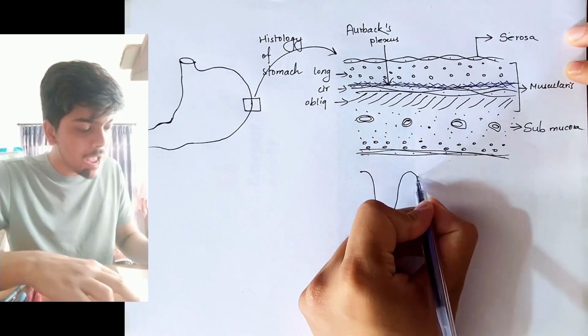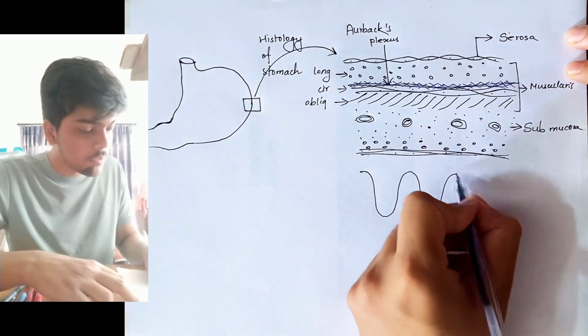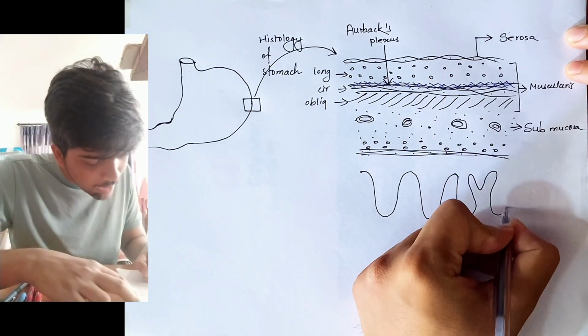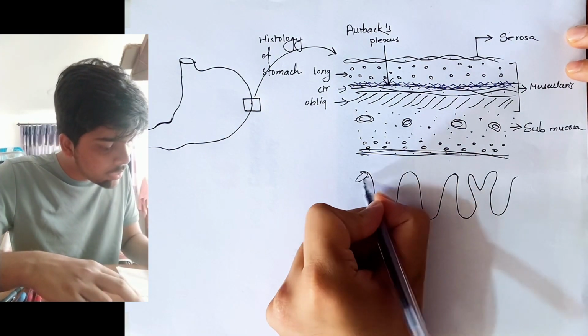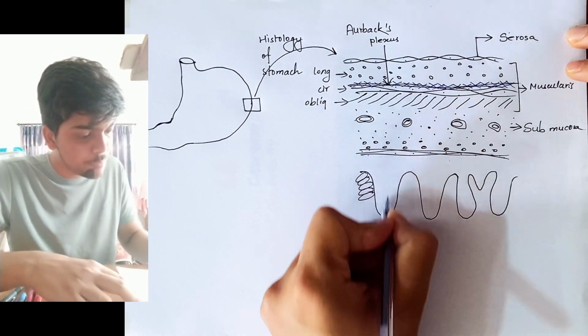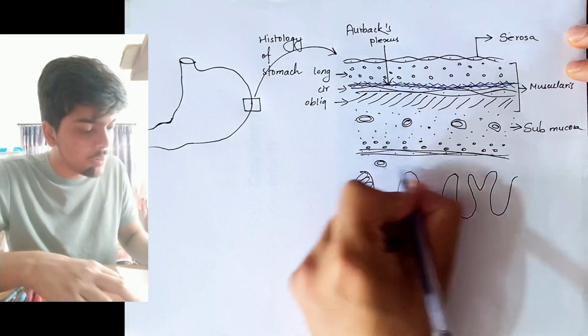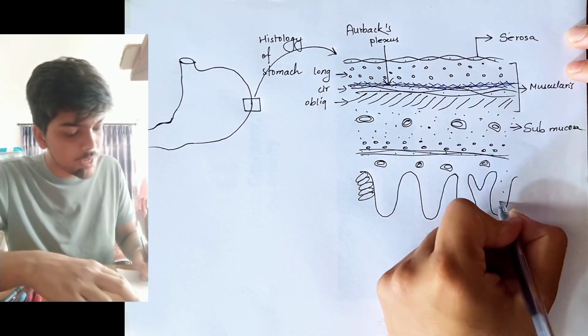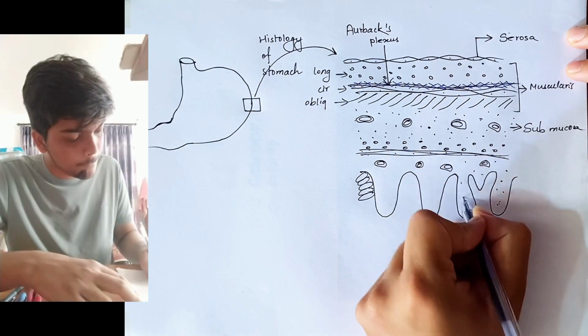And finally, epithelial mucosa, which contains epithelium. Okay, so here, this space is lamina propria. It contains blood vessels, lymph vessels, and nerves, and contains loose connective tissue.